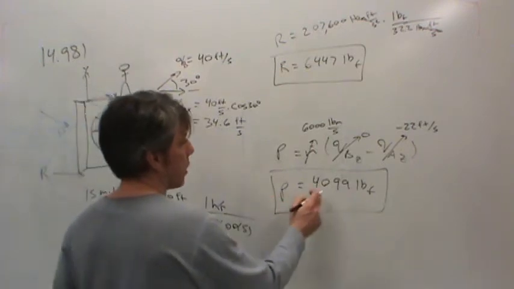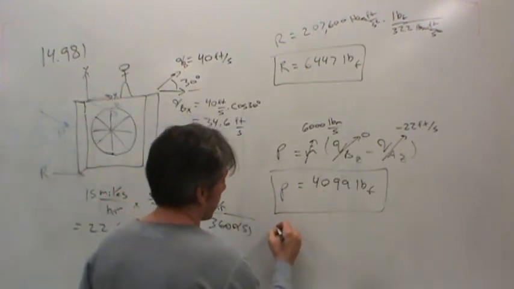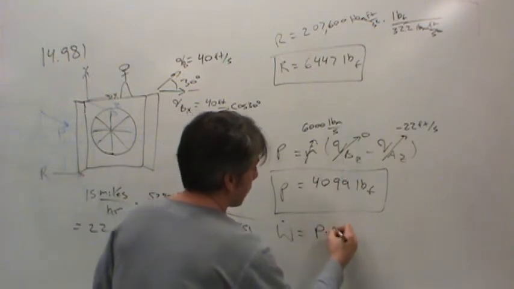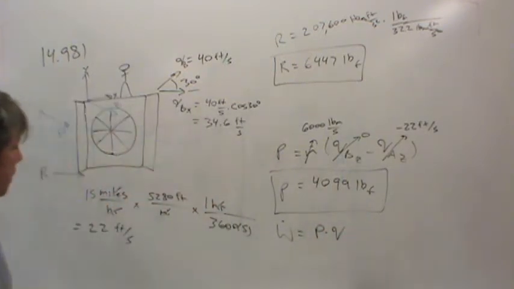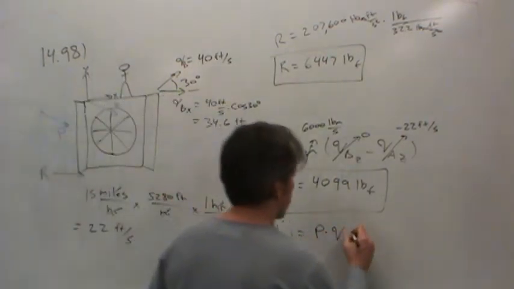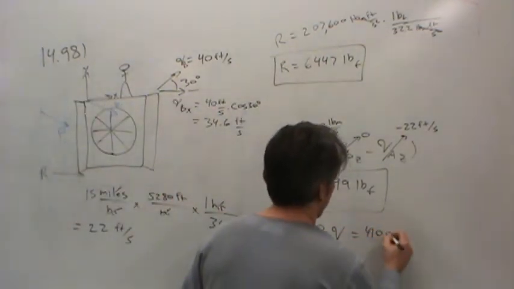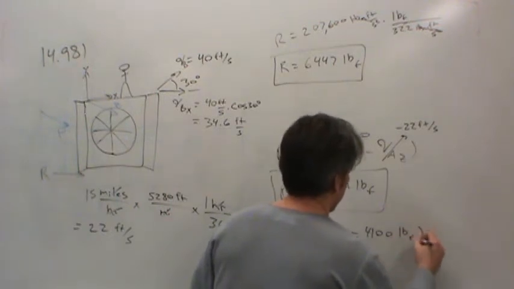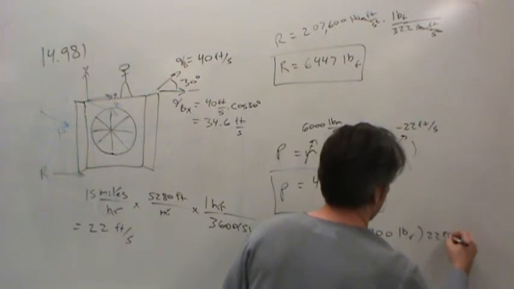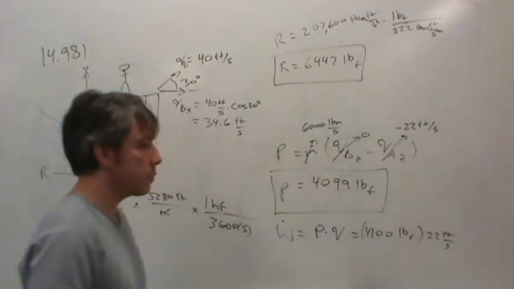Well, power is going to be, and let's use W dot from thermo, the force P multiplied by the velocity. Now we've discovered the velocity is 22 feet per second. So let's just round it up to 4,100 pounds force multiplied by 22 feet per second.